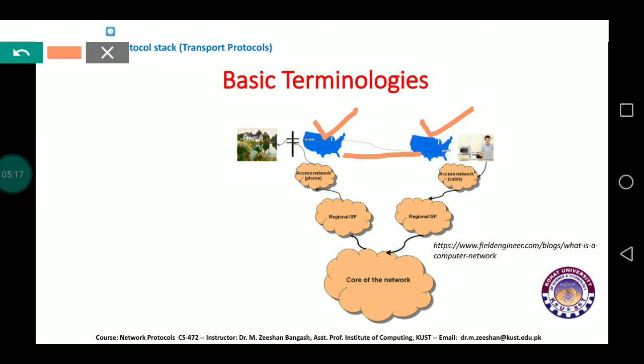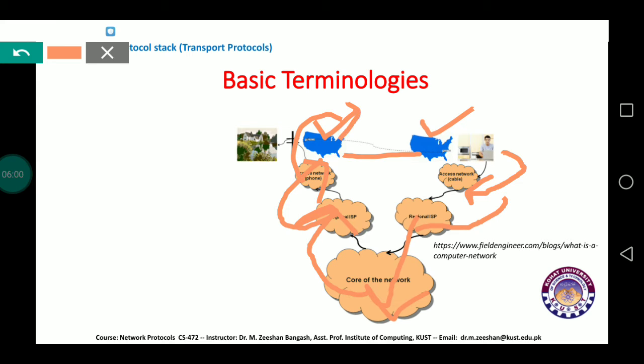So how does this communication take place? Through the network interface card, this information is transmitted to the connected network, and from here the data is passed on to the regional Internet service provider, and from here the information is sent to the core network of that country, or particularly that continent, and from here it is transmitted to the regional ISP of the destination continent, and from here it is again forwarded to the access network of that destination area, and then it reaches the destination place.